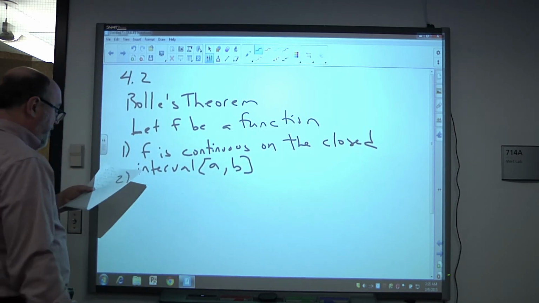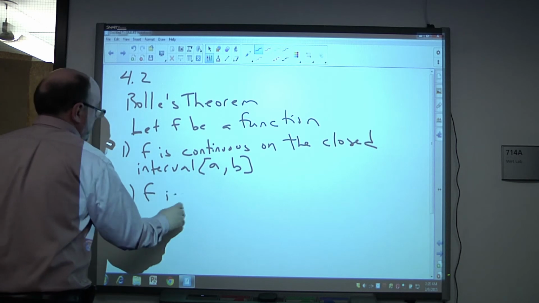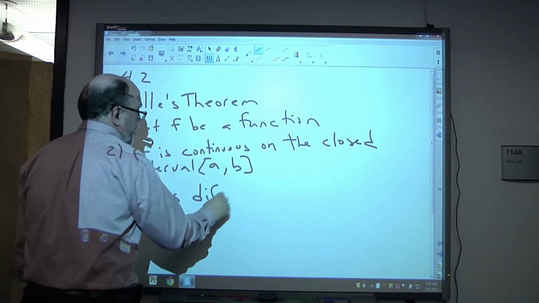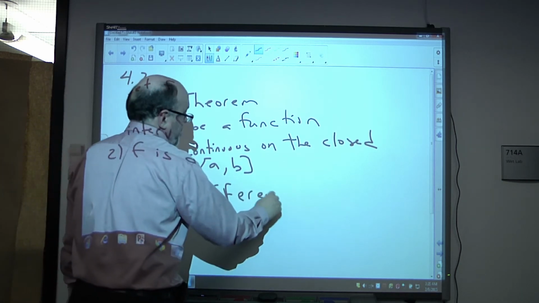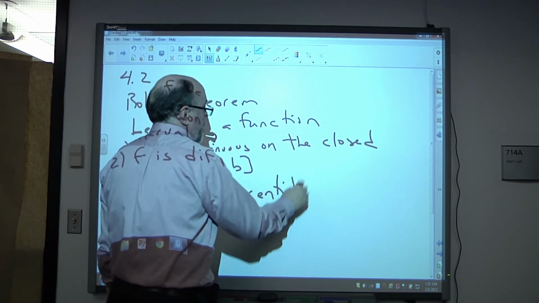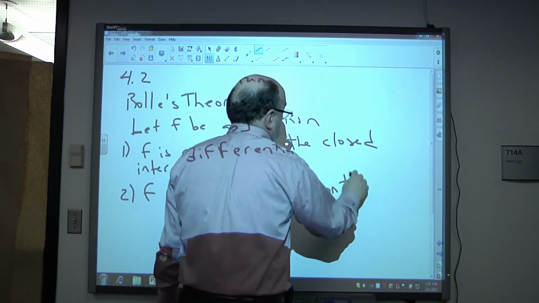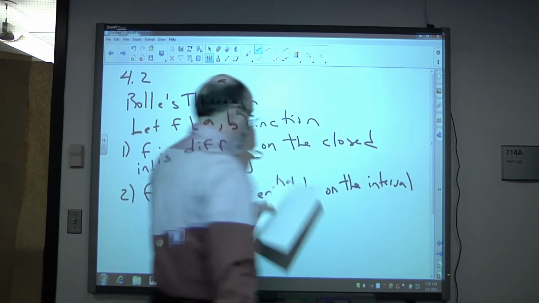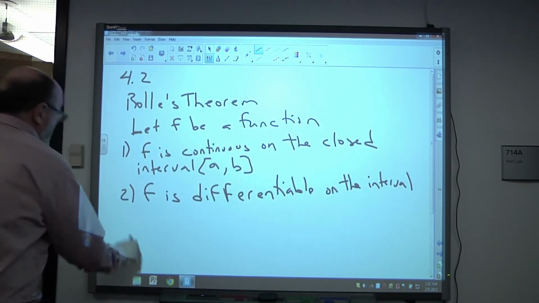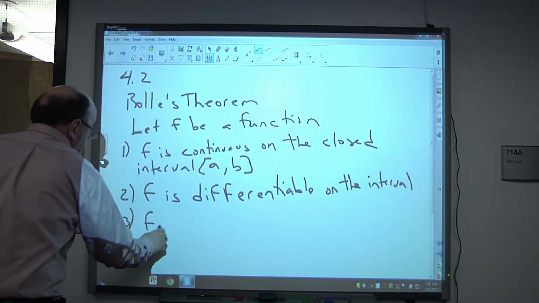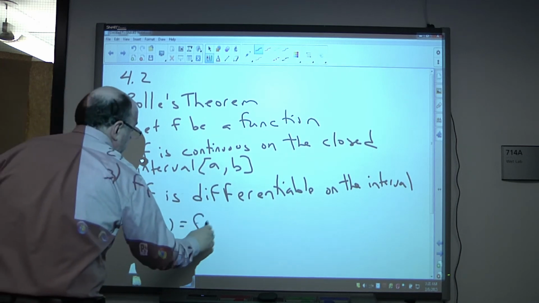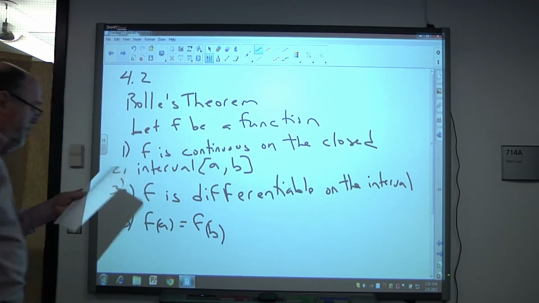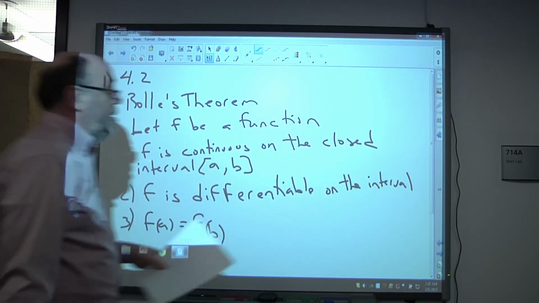Part 2, f is differentiable on the interval, so I can take the derivative of it. Right. And step 3 is that f of A equals f of B. Right.